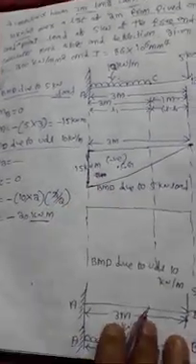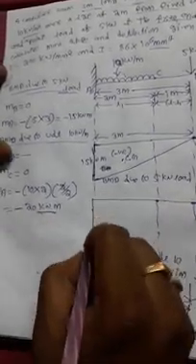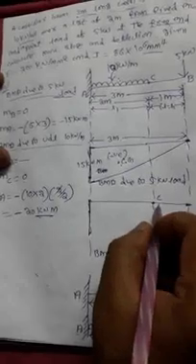Next diagram is BMD due to UDL, that is 10 kilonewton per meter. Here MB equal to no value. MC equal to 0 at the starting point and MA equal to minus 20. Minus 20 represents a downward deflection. Why? Because here it is a negative sign. And from C to A, in the portion C to A, a UDL load is acting.